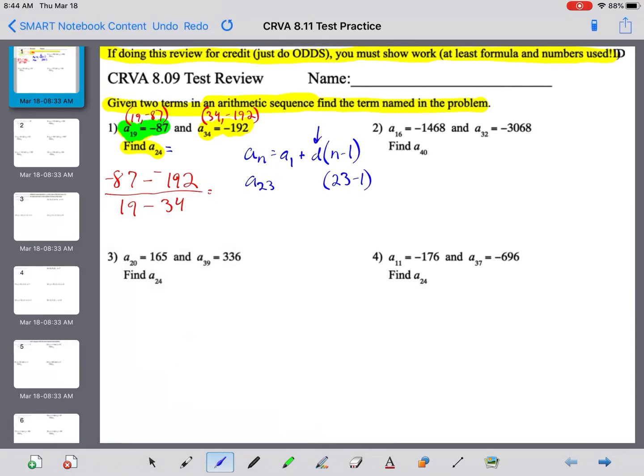You can do a little choppity chop right here, and you get -105 divided by 15, which equals -7. So therefore, I know that d equals -7.